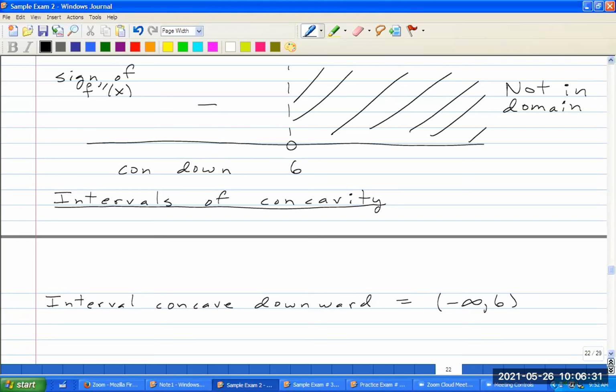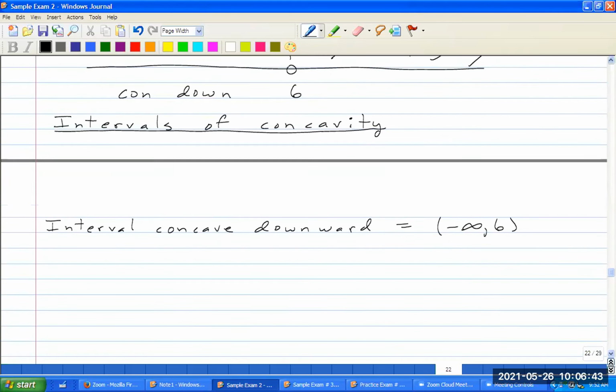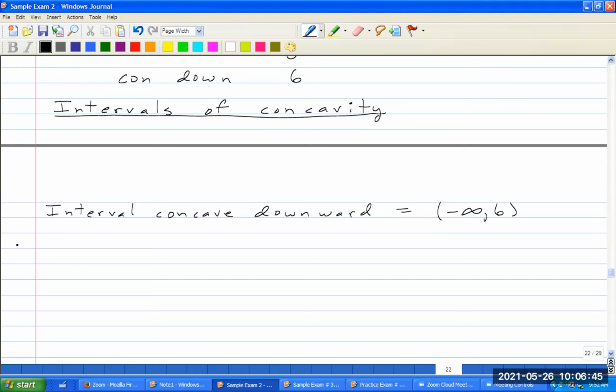So that's H. So I guess we're at H now. So H is just to graph it.